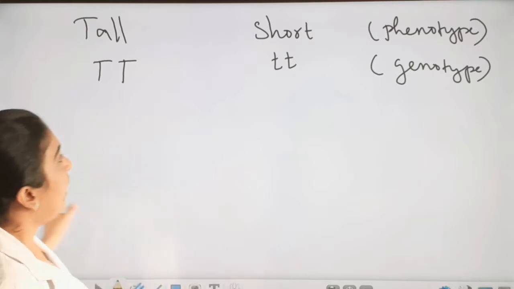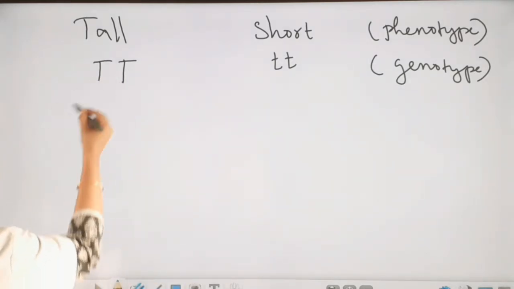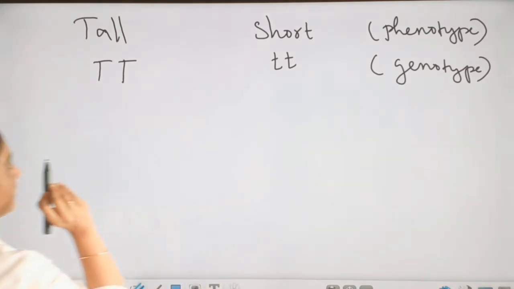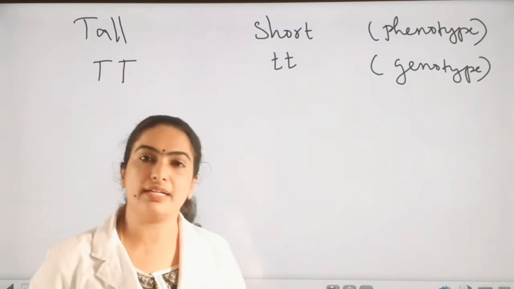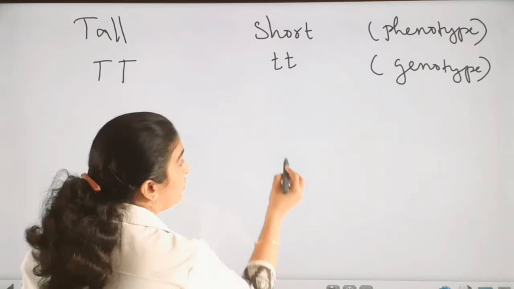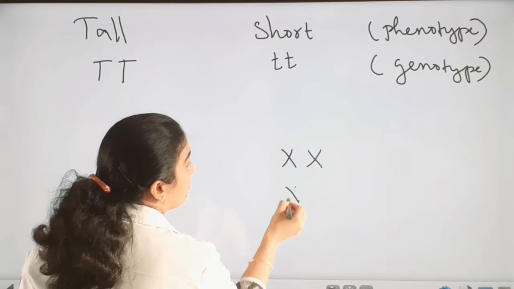Okay. And now we can see, these are homozygous alleles. Here also homozygous alleles. So homozygous alleles always produce a single type of gamete. For example, you know the chromosomal constitution of female and male.